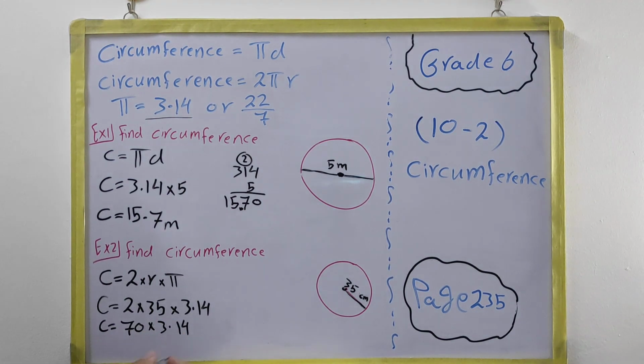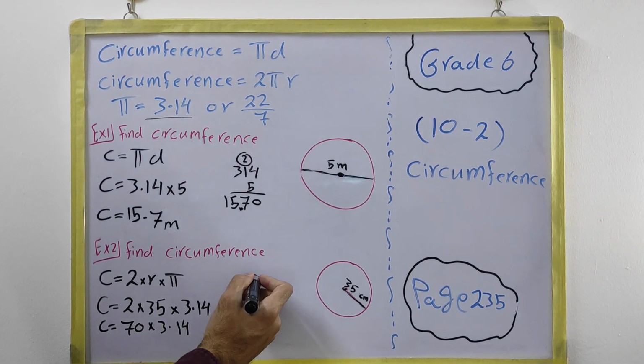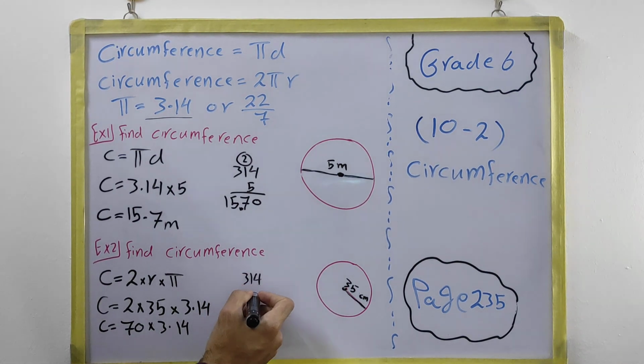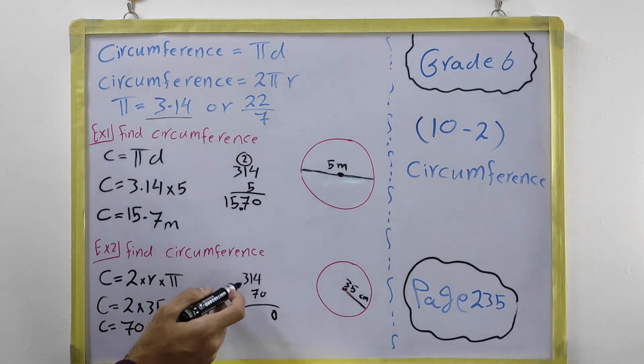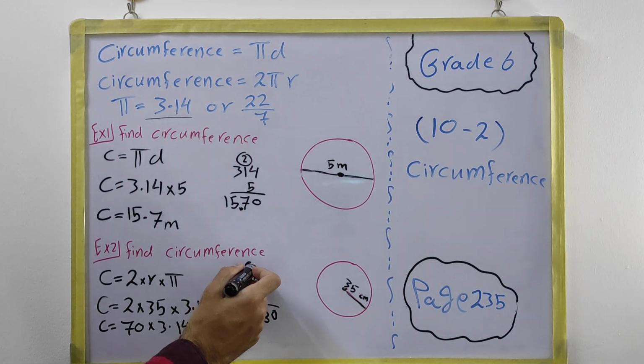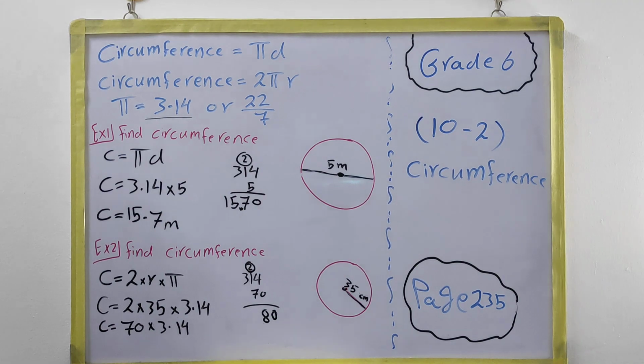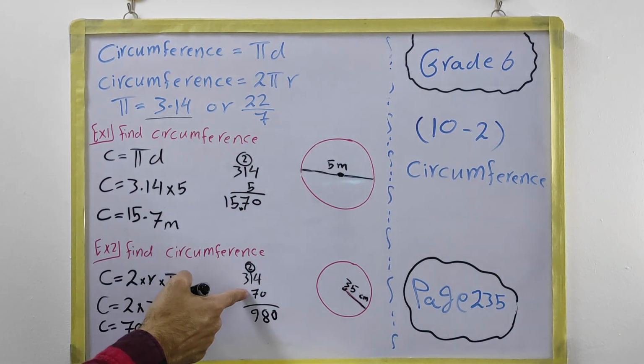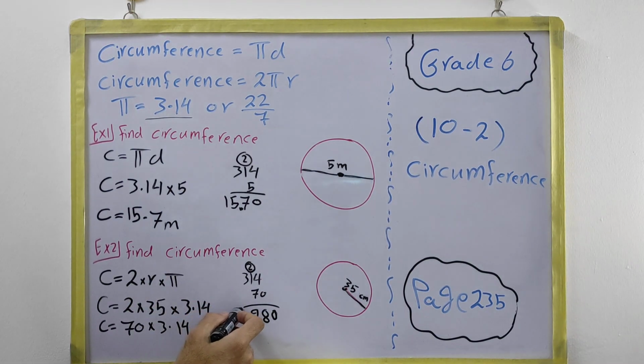3.14. Let's do the multiplication. 3.14 multiply by 70. We can put the 0 down, and 7 multiply by all of them. 7 multiply 4 is 28, 8 and 2 up. 7 multiply 1 is 7, plus 2 is 9. 7 multiply 3 is 21.